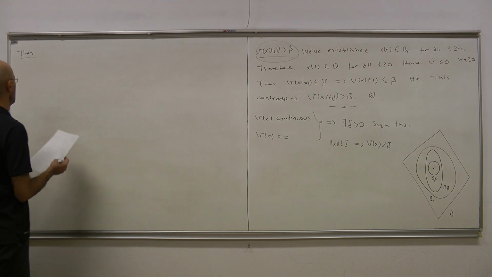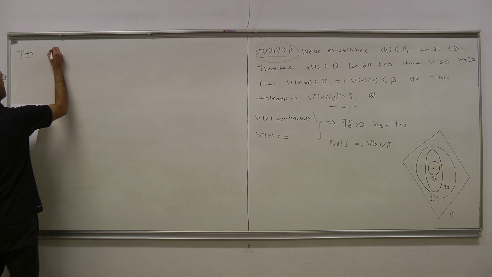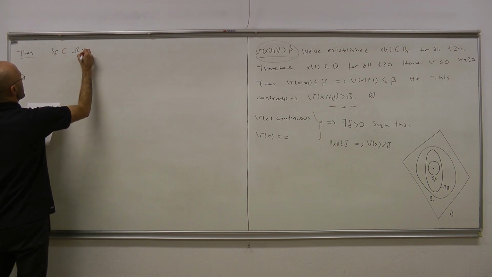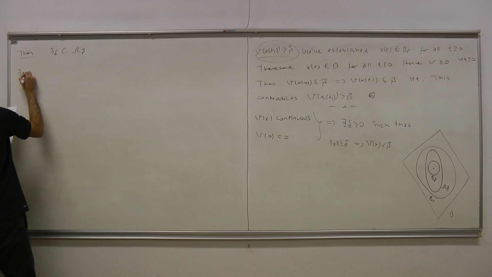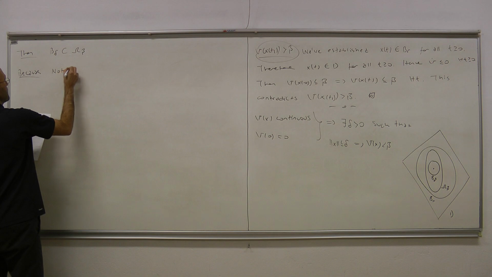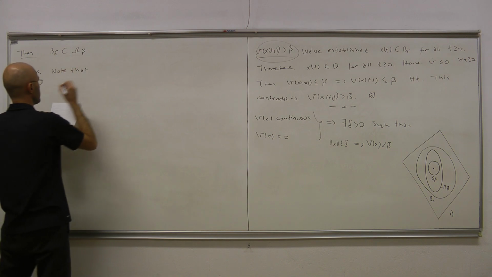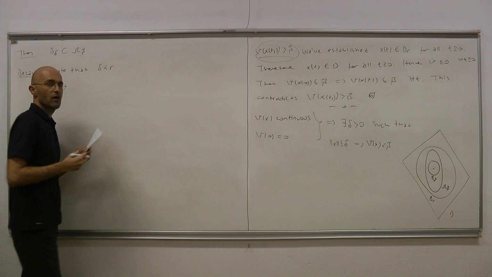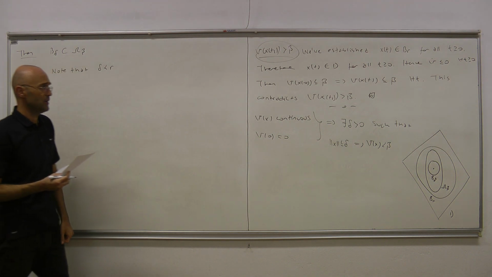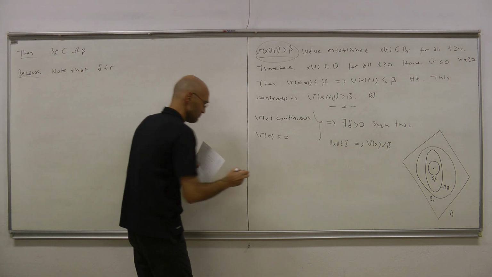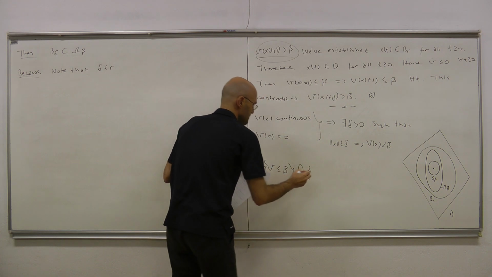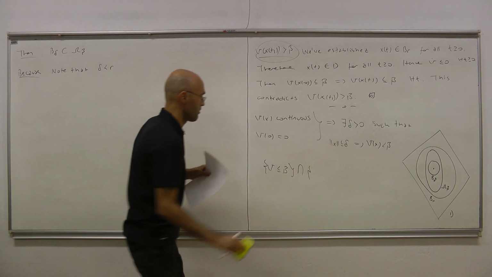Now, the delta ball is a subset of the set omega beta. Let's prove this also. Note that delta is less than r. All we have to show is this, because this set omega beta is defined as the intersection of V less than or equal to beta and the r ball.